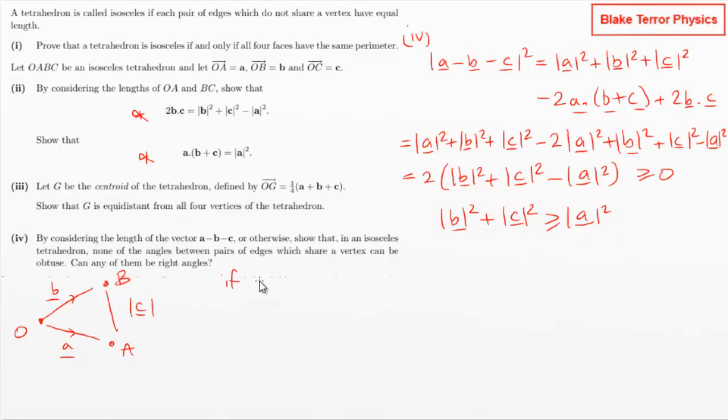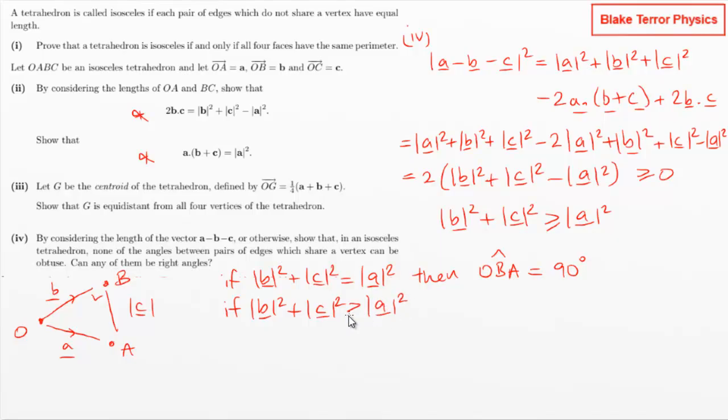Right, so if we've got that b squared plus c squared is equal to a squared, then we're saying that the angle OBA, that angle here, is going to turn 90 degrees. If we've got that b squared plus c squared is greater than a squared, then a is getting smaller.